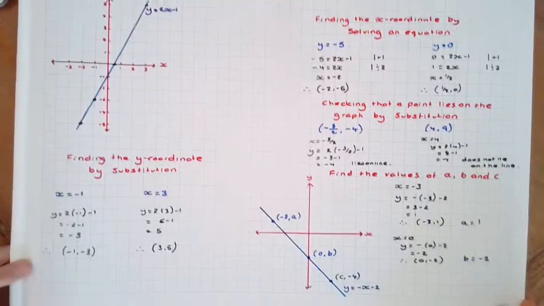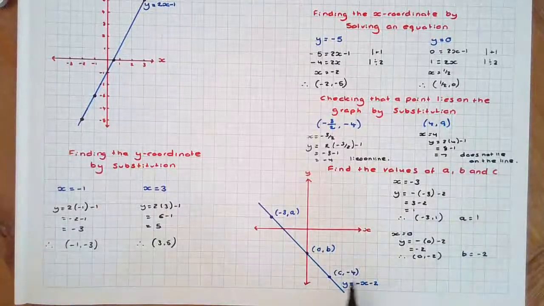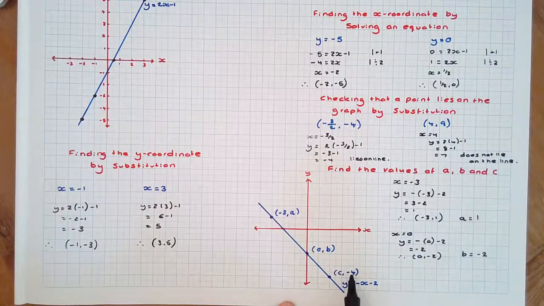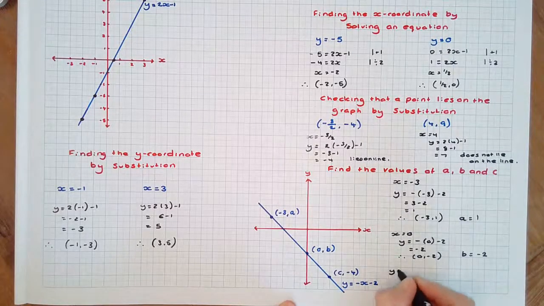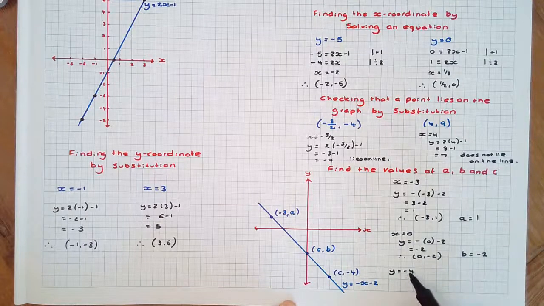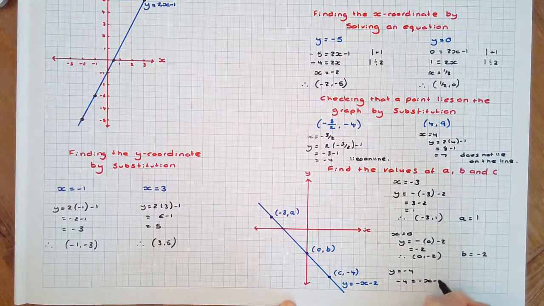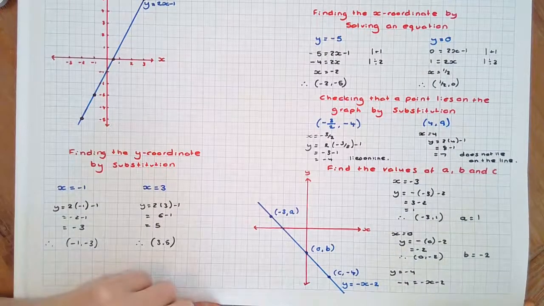And lastly, here we have point c, where y equals negative 4. Substituting y equals negative 4 into our equation, we would have negative 4 equals negative x minus 2. Now we're required to solve this.